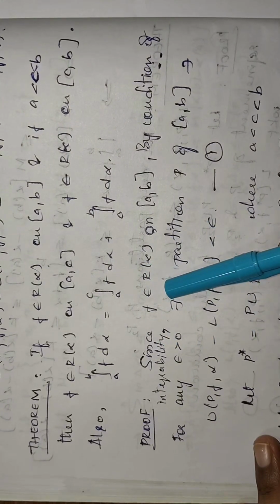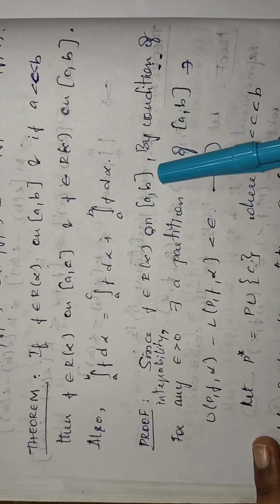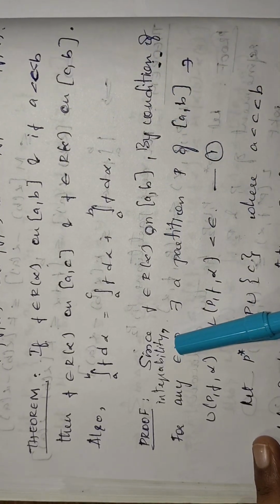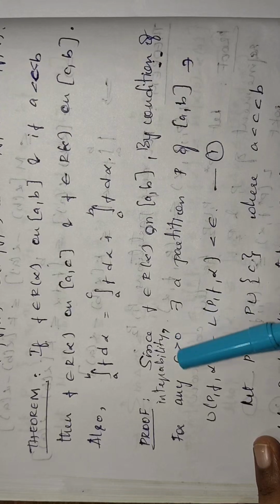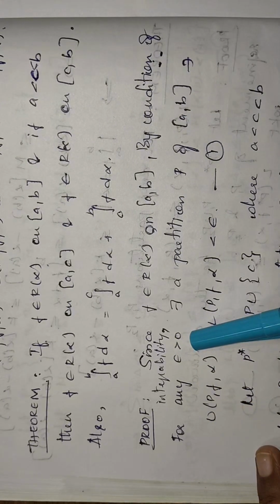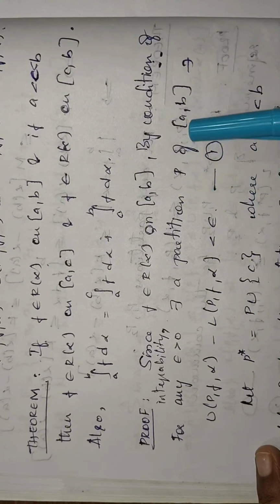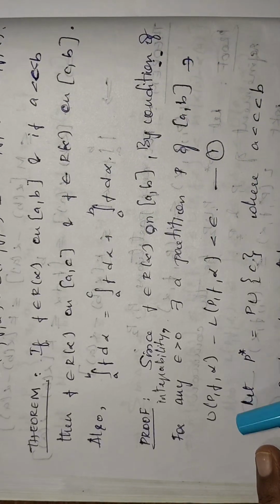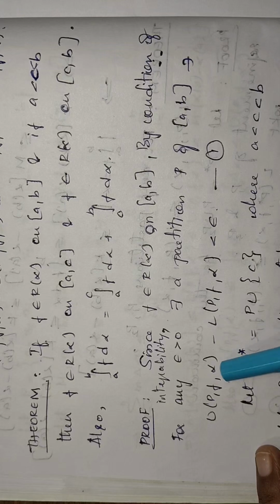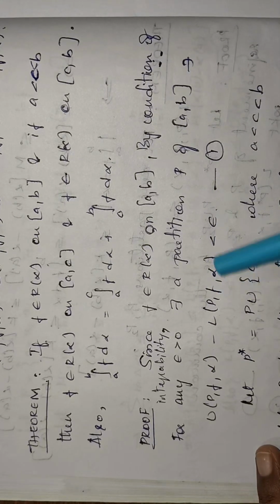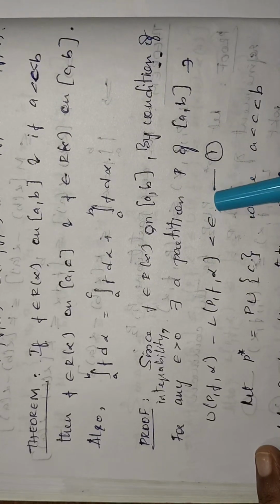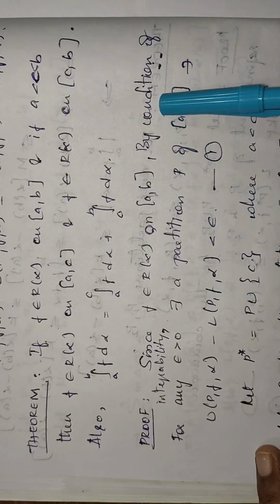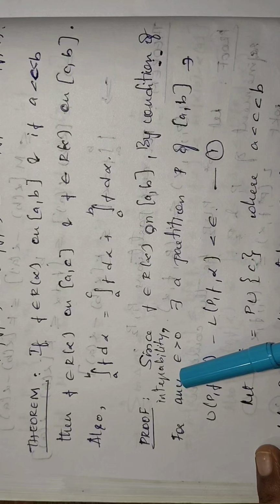Since f belongs to R of alpha on closed interval a comma b, by the condition of integrability, for any epsilon positive there exists a partition P of closed interval a comma b such that U of P comma f comma alpha minus L of P comma f comma alpha is less than epsilon. Name this as 1. This is as per the definition of the condition of integrability.